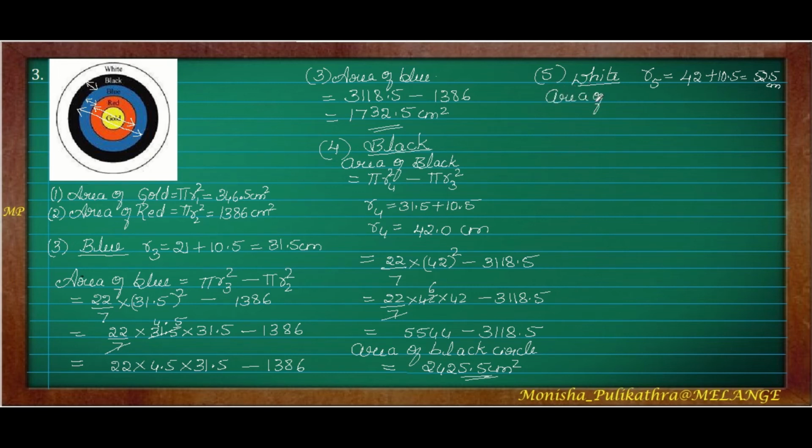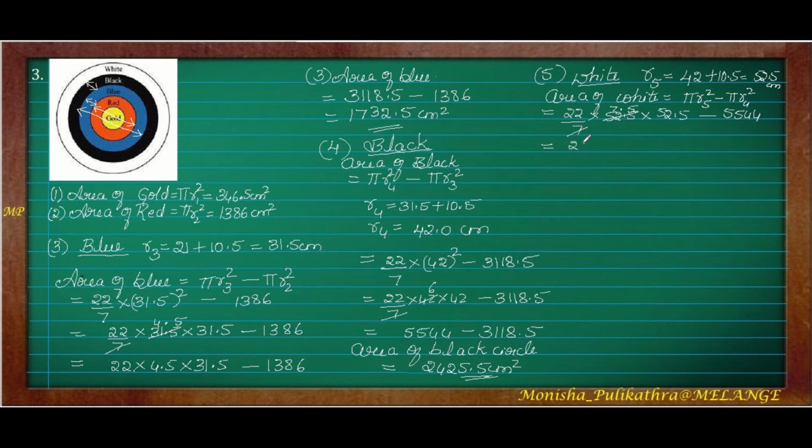So the area of white is equal to pi r5 square minus pi r4 square, that is 22 by 7 into 52.5 into 52.5 minus the area of the black circle, which is 5544. So next, 7 1s are 7, 7 7s are 49.